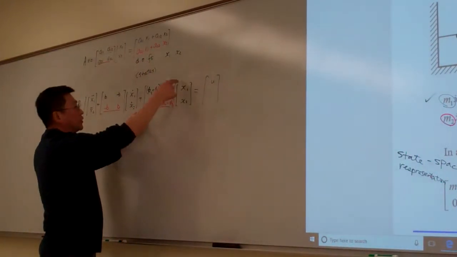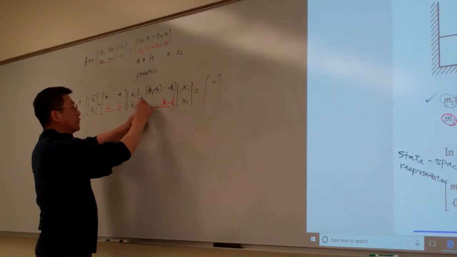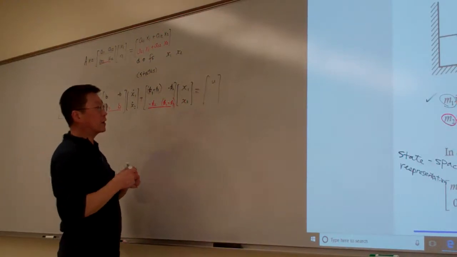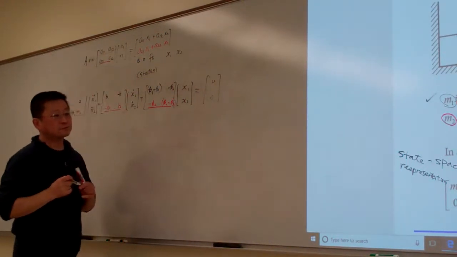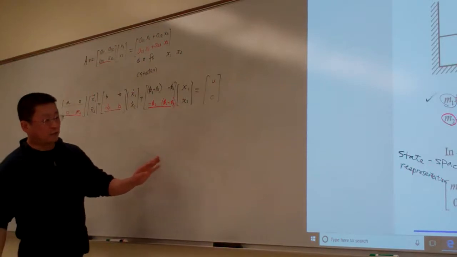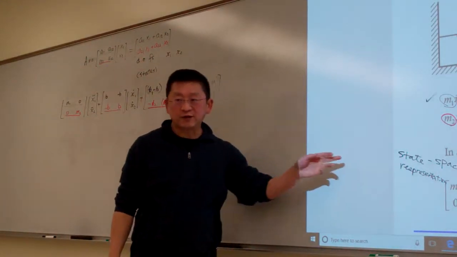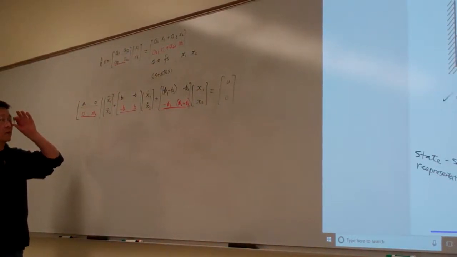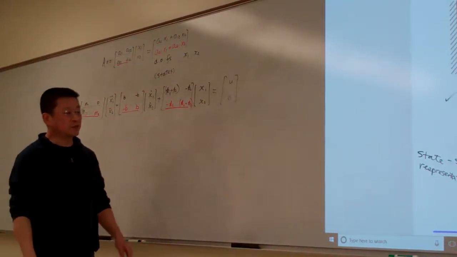So this row multiplied with this one is minus k2, so minus k2 is here. Okay, and this one is 0. So now what we obtained is this one. This is called the state space representation, and it is supposed to be a linear system.